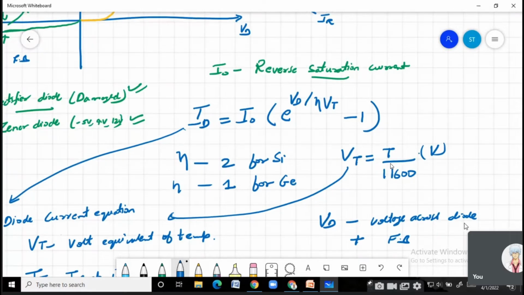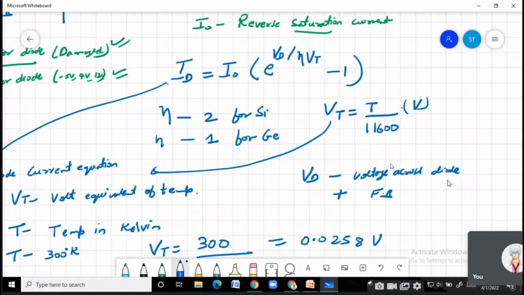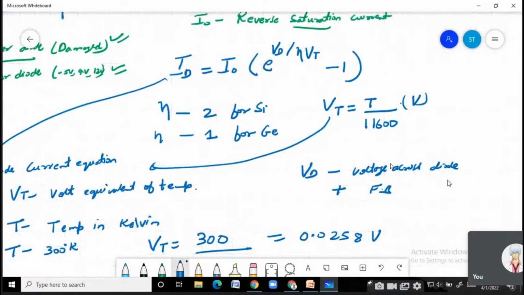If the diode is forward biased by 0.5 volt, you substitute plus 0.5 in this equation. But if it is reverse bias, then you put a negative sign, so VD is negative in the reverse bias condition and positive in the forward bias condition.